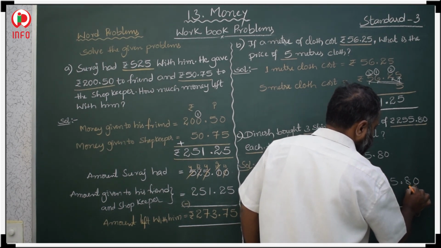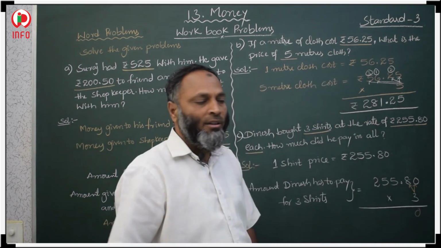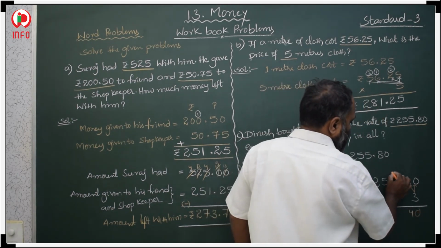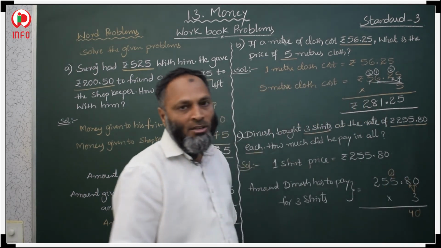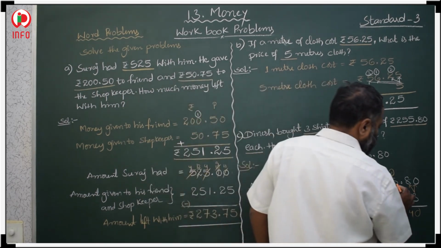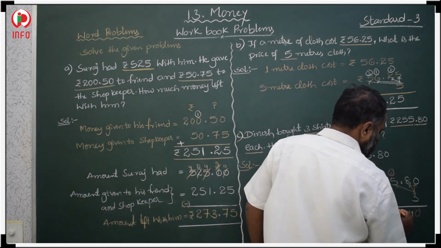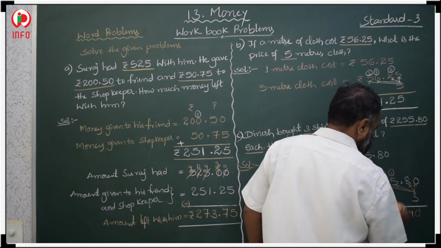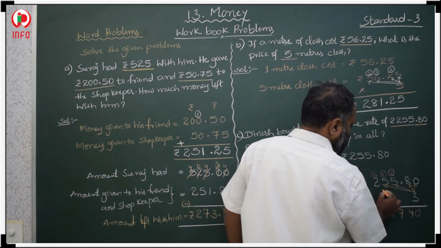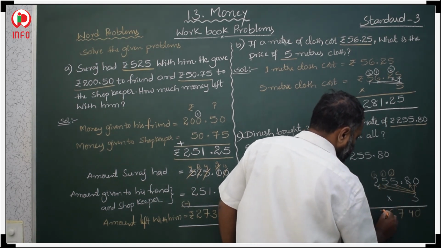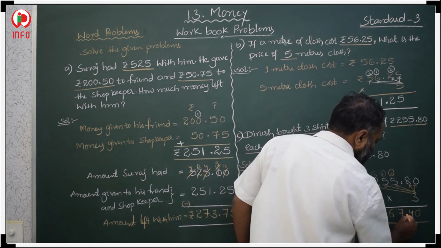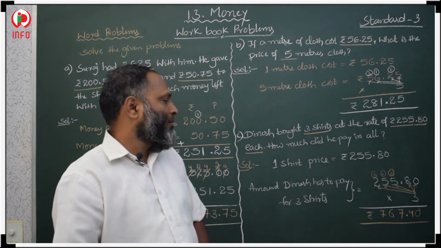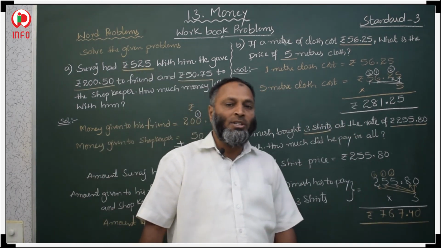Next 3 with 8, 3 8s are 24, 4 in the tens place of the paise and 2 goes to the very next place of the rupees. 3 5s are 15, 16, 17 and 1 here. So 3 5s are 15, 16 and 1. 3 2s are 6 plus 1, 7. 767 rupees 40 paisa. This much amount he has to pay for 3 such shirts. Okay.